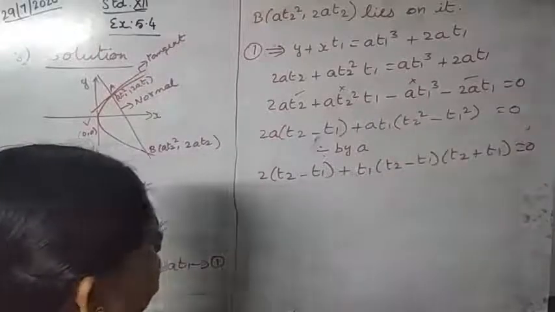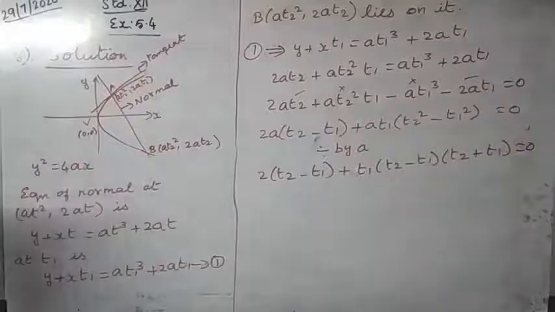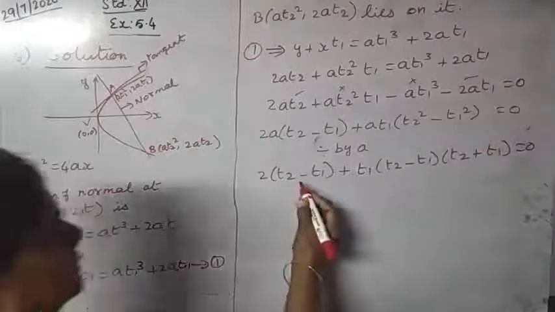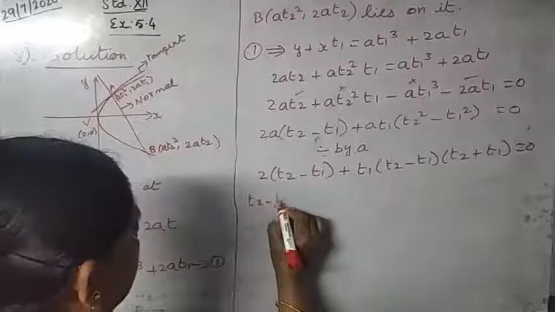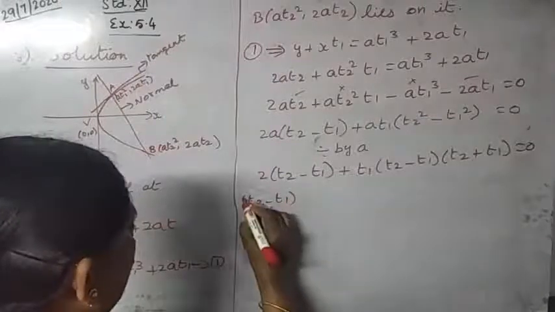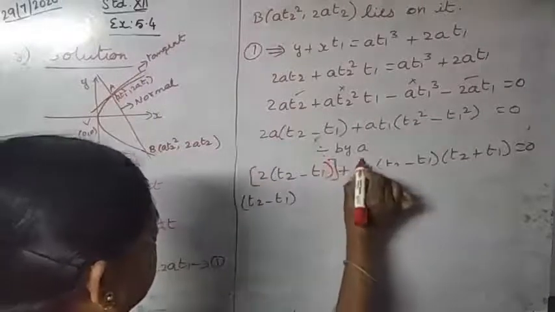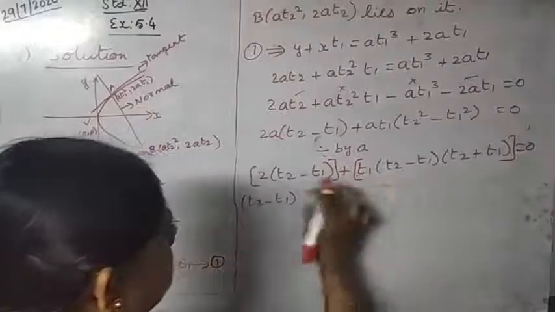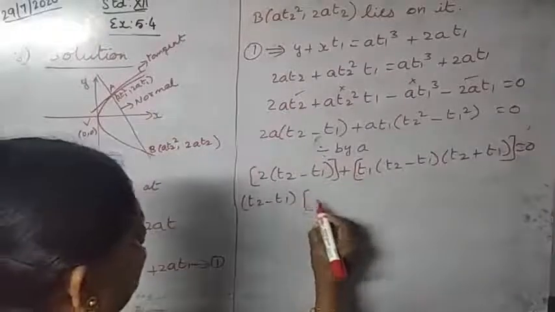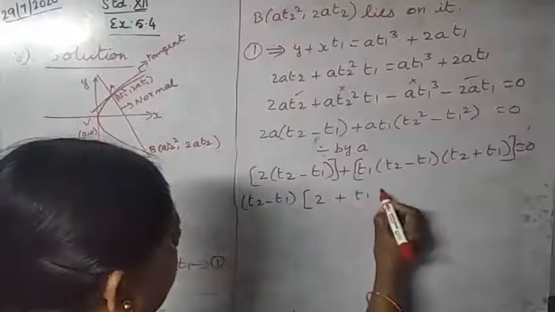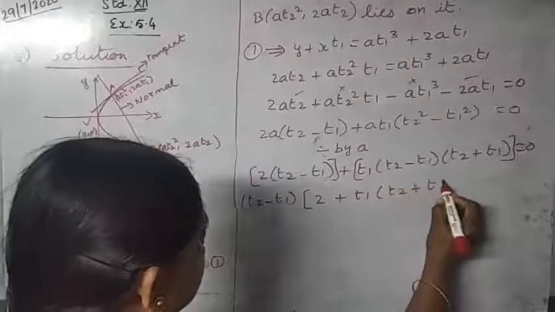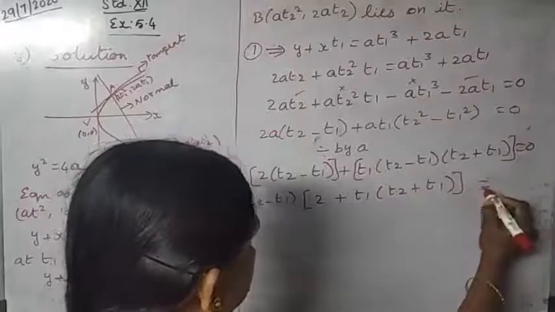I split this as A minus B into A plus B. Now here T2 minus T1 is common. Now take T2 minus T1 as a common term. So therefore balance is 2 plus T1 of T2 plus T1 is equal to 0.